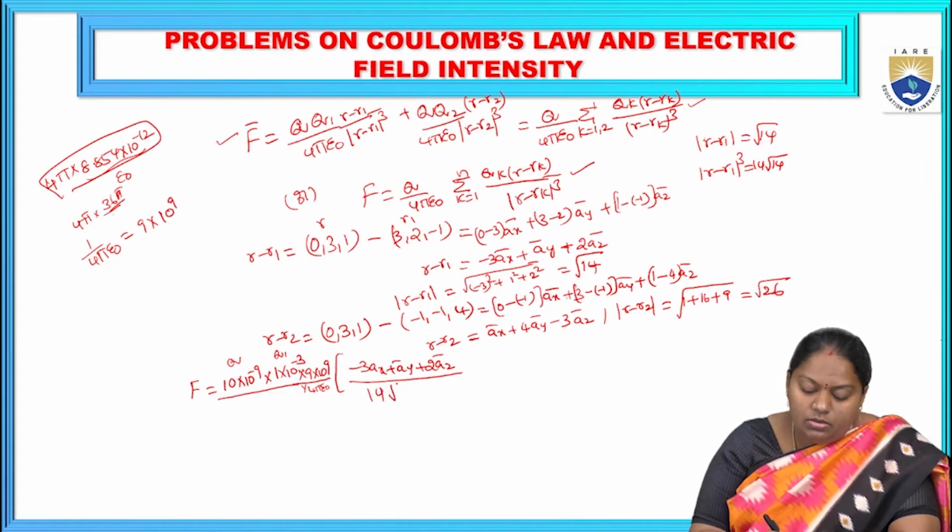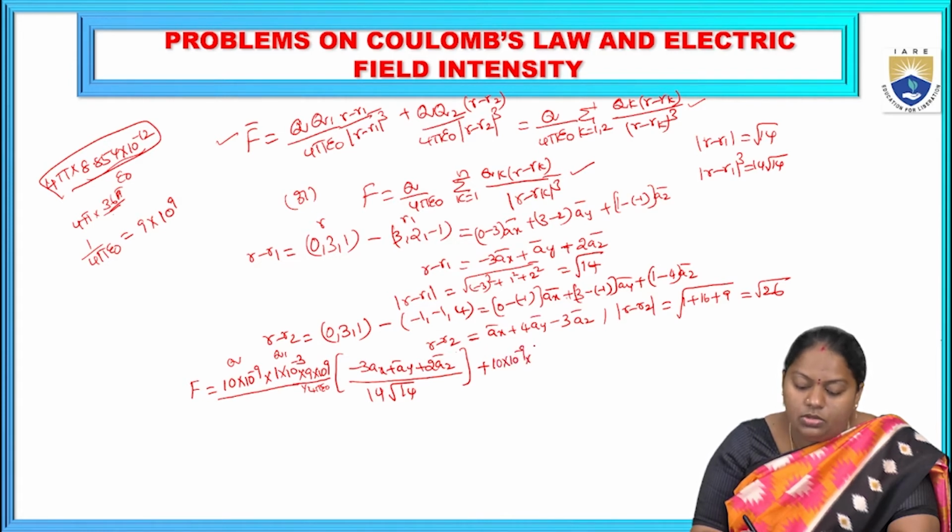So 14 root 14, and this is the value, then plus Q into, again Q is 10 into 10 power minus 9, into Q2, which is minus 2 millicoulombs, that is minus 2 into 10 power minus 3, by, and this 4 pi epsilon naught value is 9 into 10 power 9, into. Right?